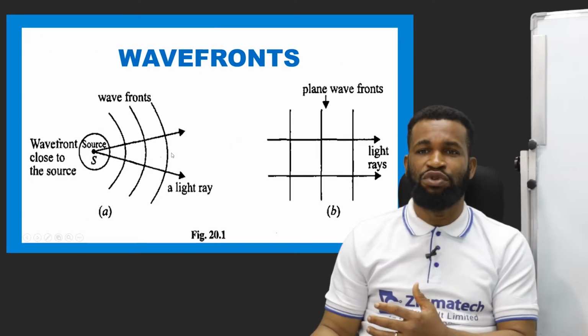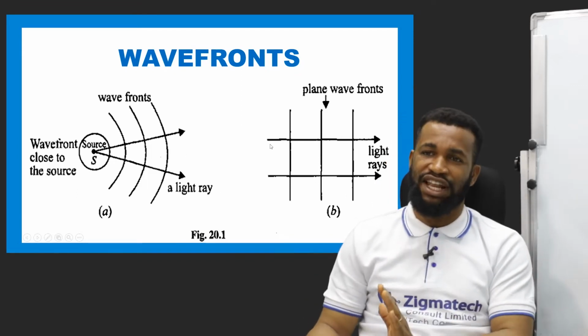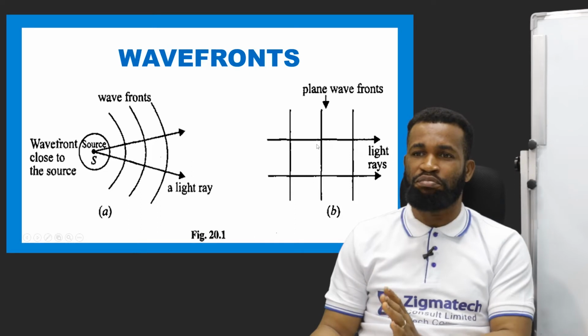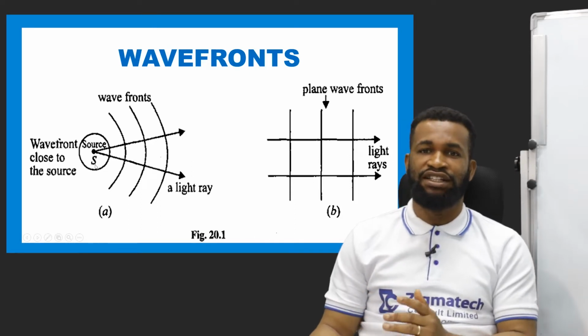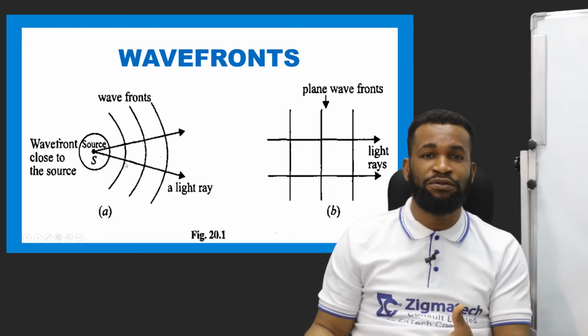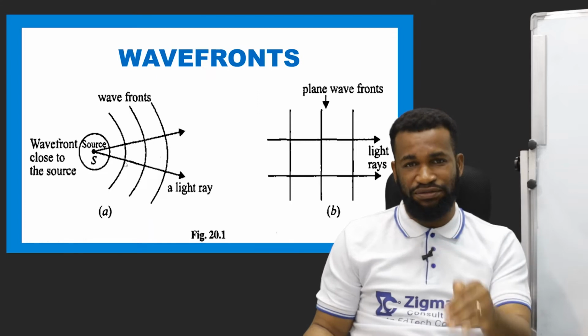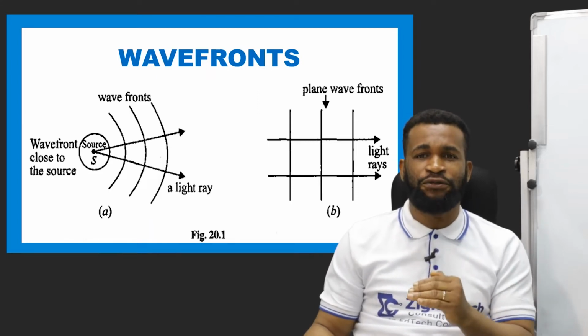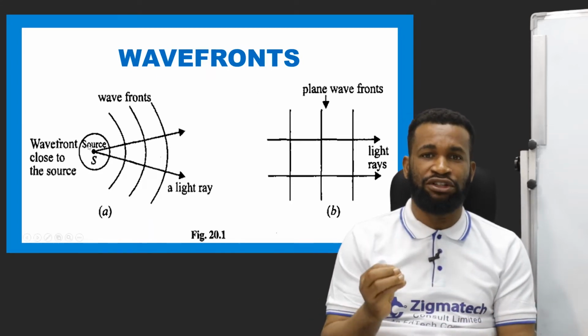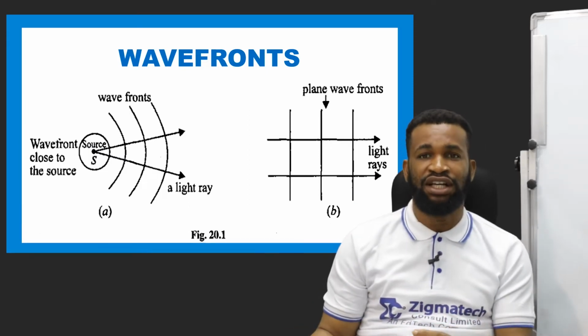Now, we want to talk about waveform. Look at the diagram of a waveform. When we talk about waveform, it is like this. Now, this one is for a parallel kind of wave, and this is a circular kind of wave. All these kinds of wave depend on the source which is producing the wave. For a circular form, maybe you use a stone and drop it inside a pool of water or a bucket of water.